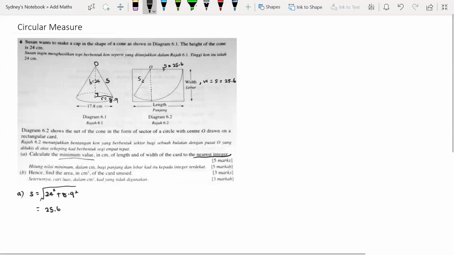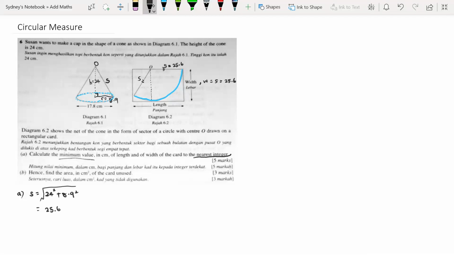We do know that the arc length of this sector in diagram 6.2, if we fold it, will form the circumference of the base circle of the cone. So let's find out what is the circumference of the base of the cone.